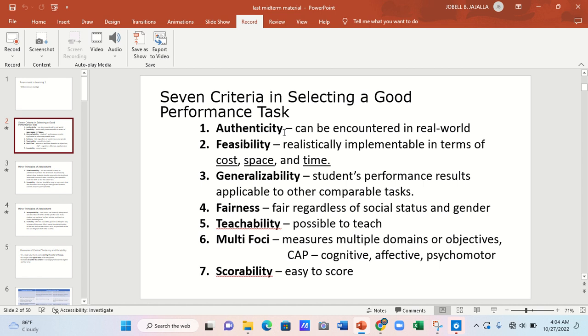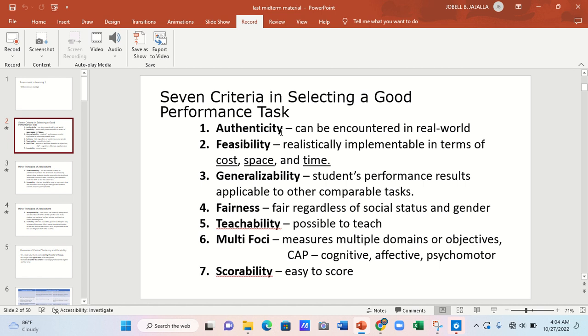Listen closely. Number 1, we have authenticity, which is the quality that the task can be encountered in the real world. Authenticity is the degree of how relatable a certain performance task is.